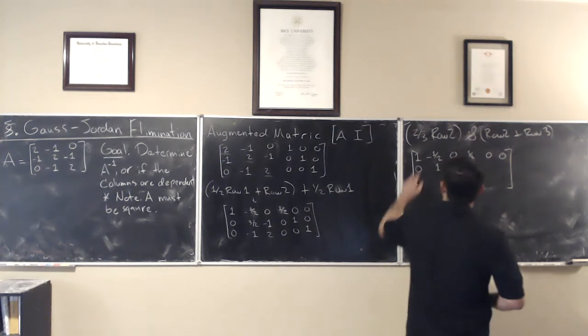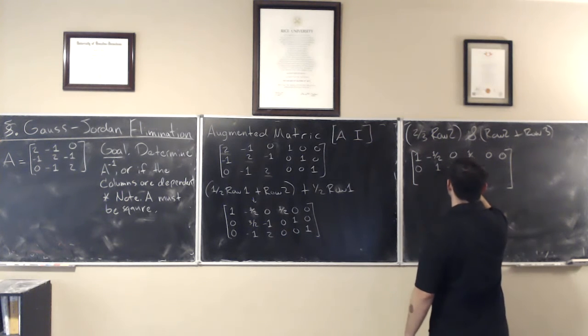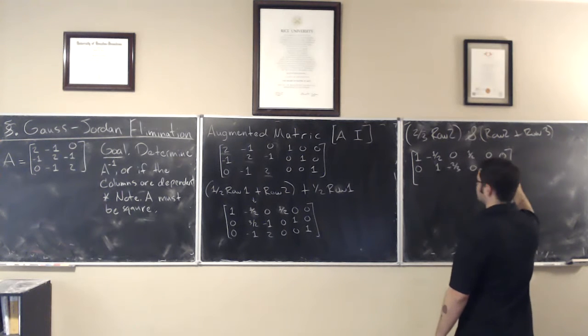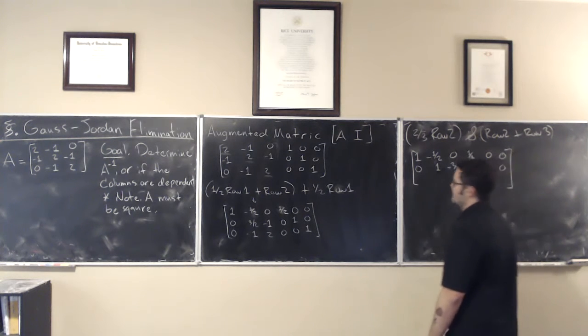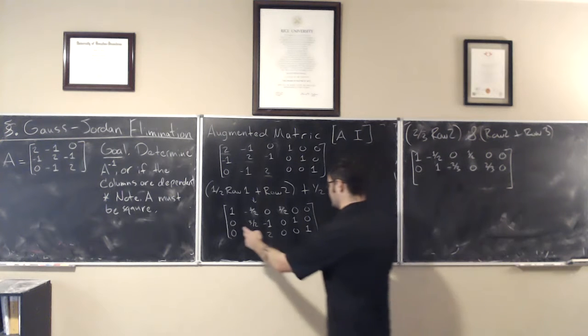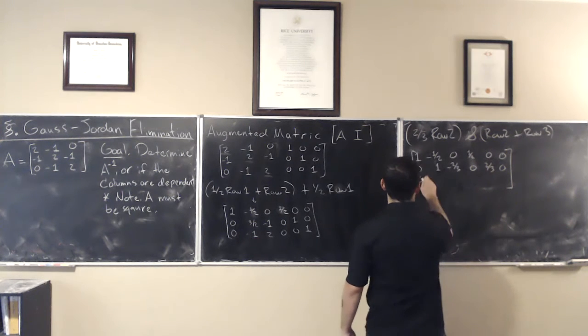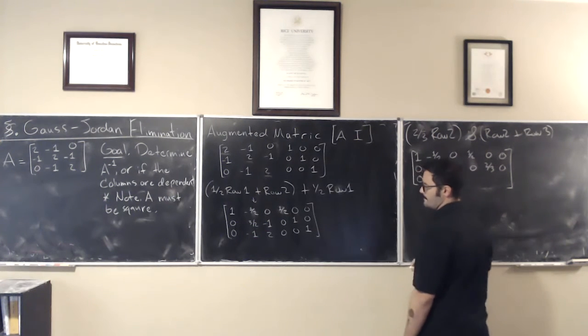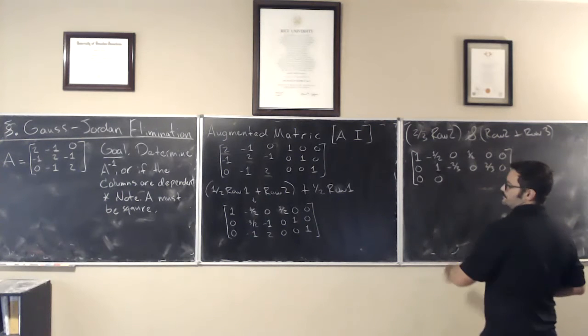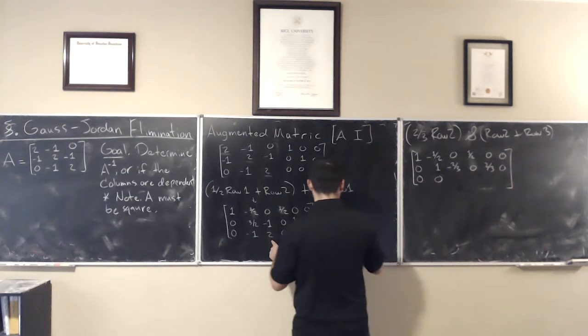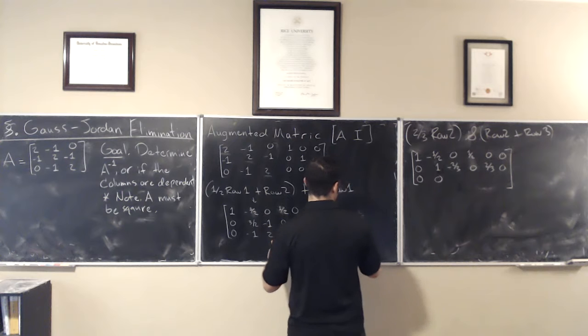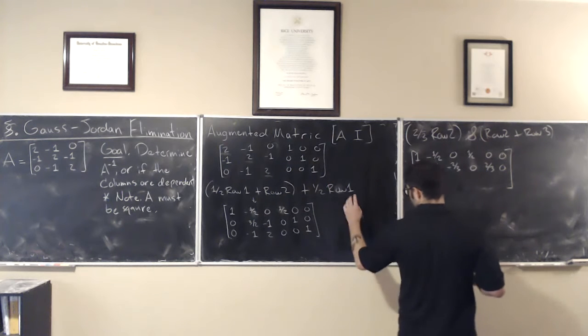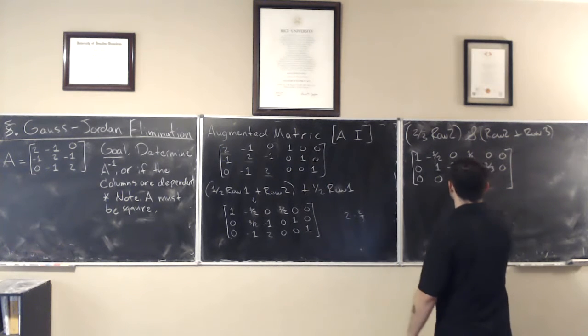Negative 1 times 2/3 will be negative 2/3. 0, 2/3, 0. And then we added this row to this one, so that'll be 0 there, 0 there. So negative 2/3 plus 2. So 2 minus 2/3. So 4/3.